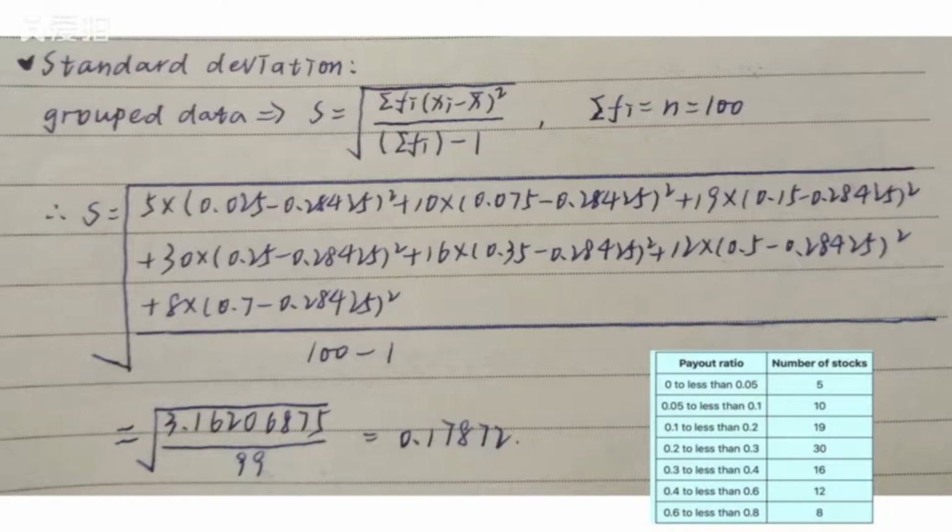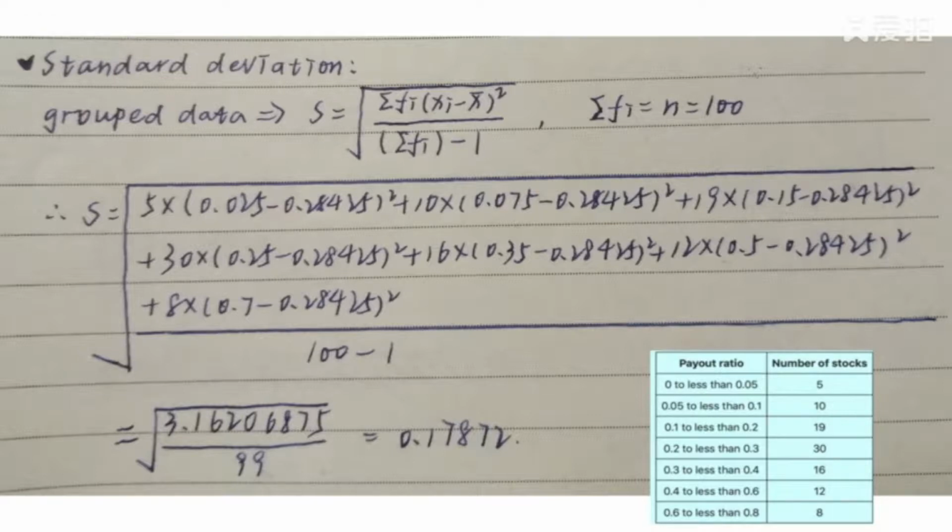By adding them together, we get 3.16206875. Then we need to figure out the total frequency minus 1. Since the total frequency is 100, 100 minus 1 equals 99.